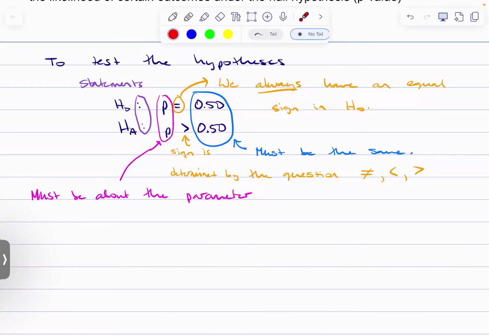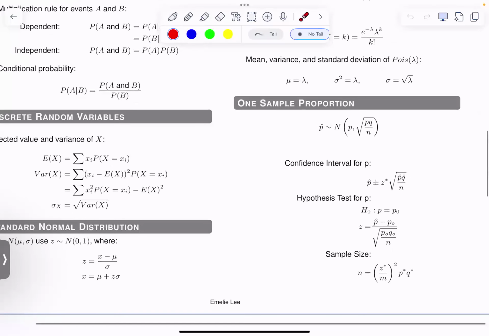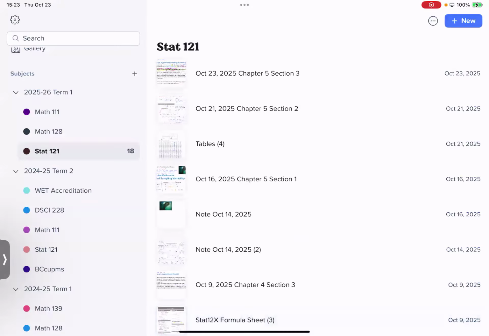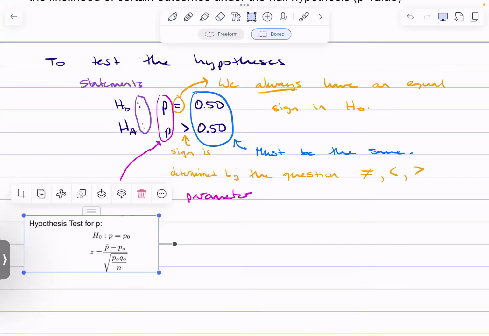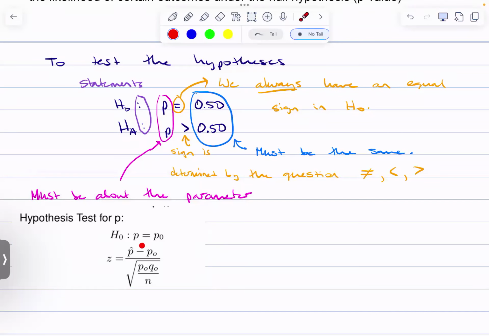On your formula sheet, where is it? Once you've decided that you have one sample proportion as your type of question, now we've only seen that one type of question, and so that's nice for now. But once you figured out that you need to do a hypothesis test for P, notice that I even give you the general form of the null hypothesis.